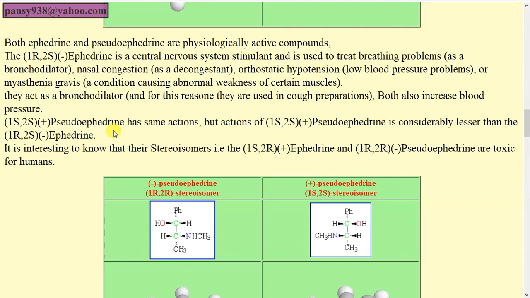Similarly, if we talk about pseudoephedrine, again there is an interesting action. The positive pseudoephedrine, which is the 1S2S molecule, has the same actions as negative ephedrine. Negative ephedrine and positive pseudoephedrine both have the same actions, but the action of plus pseudoephedrine is considerably lesser than negative ephedrine. It means that plus pseudoephedrine has a little mild action on our physiology as compared to negative ephedrine.